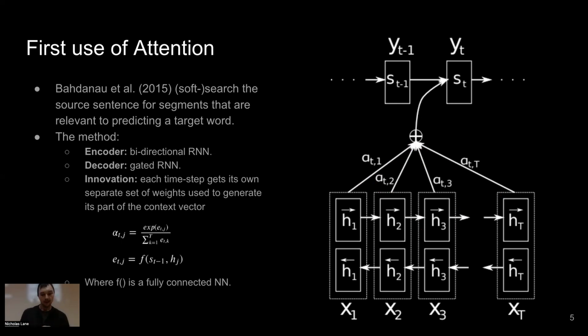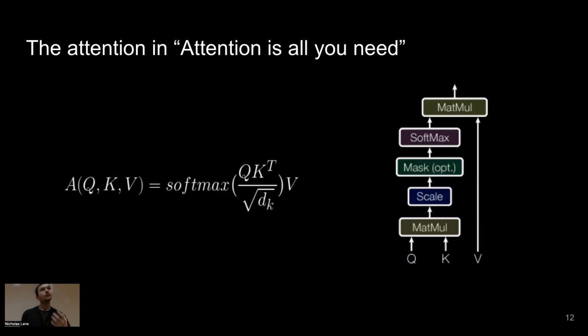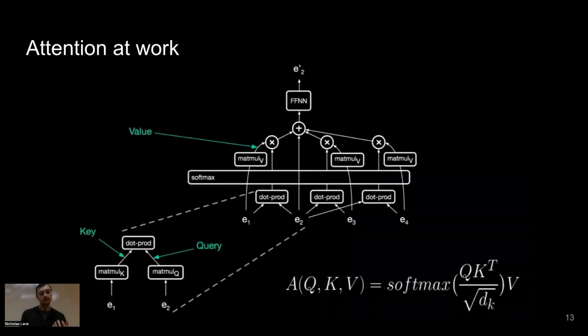But now, as we move forward into this new modern way of using these same ideas, what's happened is not only has the context vector been kind of subsumed into the whole architecture, but we don't have any other type of architecture being used for doing encoding or decoding. It's all just attention.